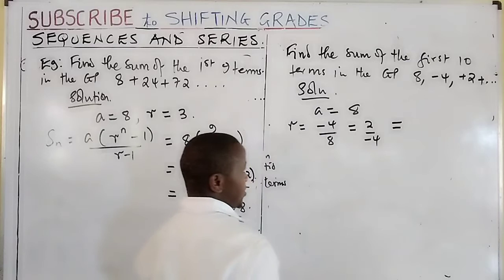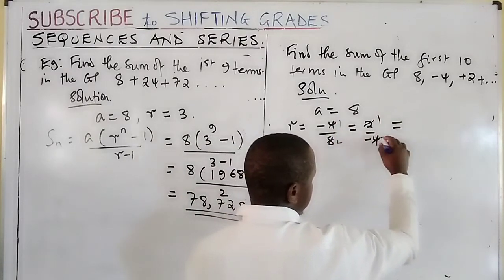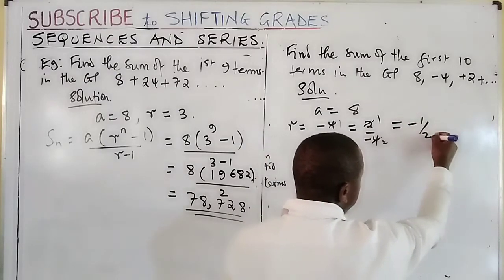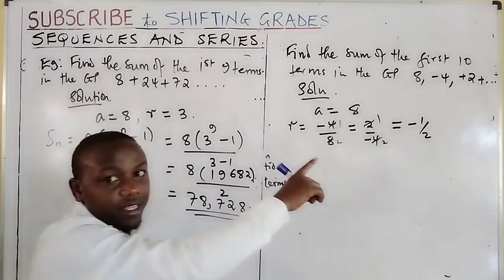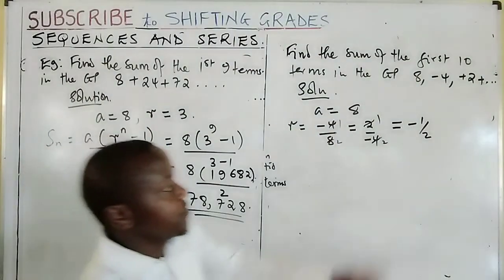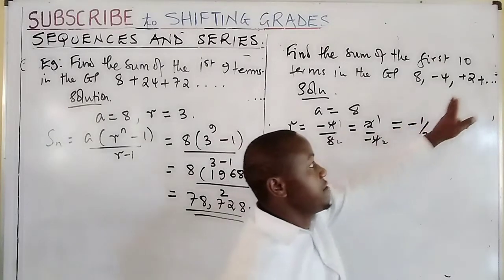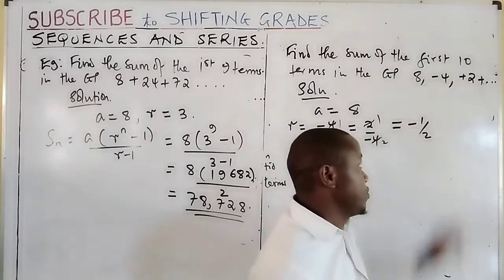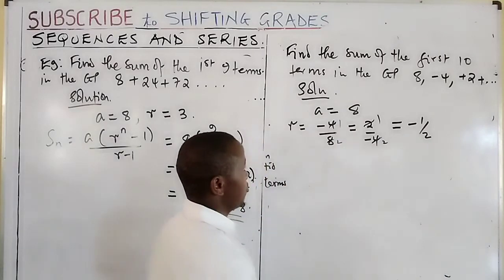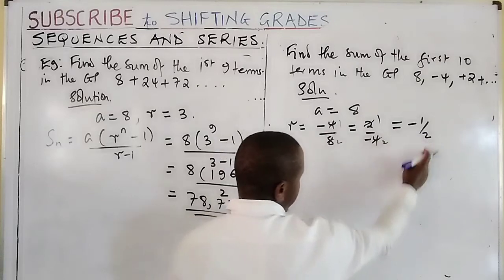In each case we get negative half. From negative 4 to get 2, negative half has been the multiplier. Therefore the ratio is negative half.